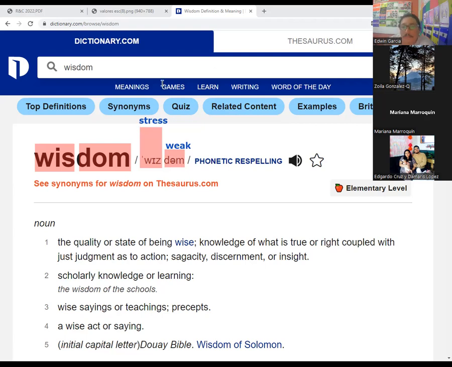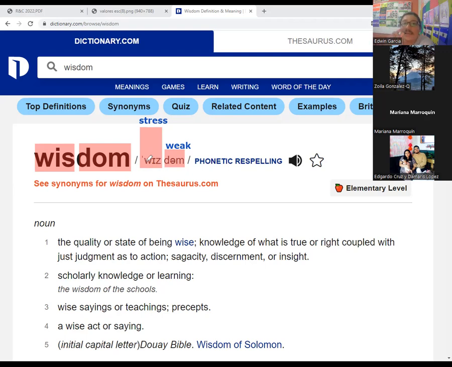Now here we have the W like ooh, ooh, ooh. And then we have the short e. Remember, when we look in the IPA system, this capital letter E is for a short sound. It is not the long E sound.